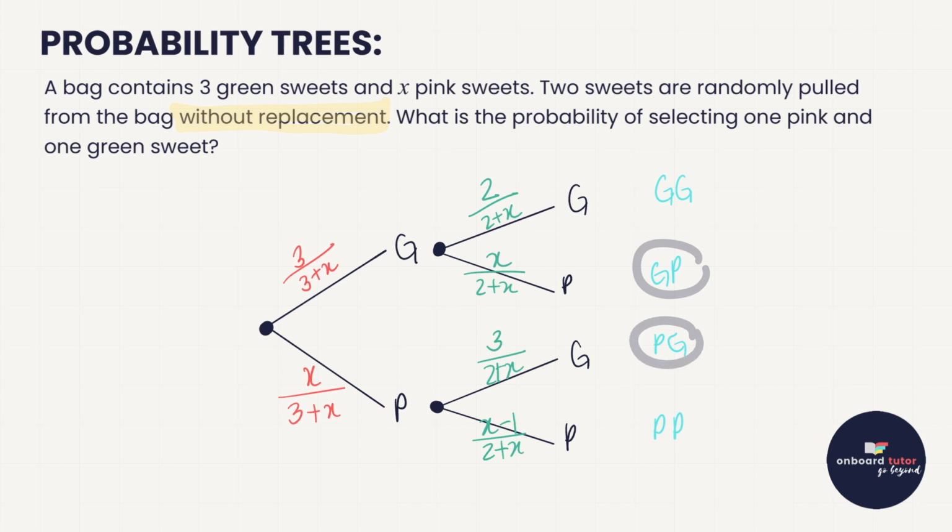Basically, we need to have 2 options. So how do we do this? Remember that when you travel down the branches of a probability tree, you multiply and then you add all of these together at the end of the day.